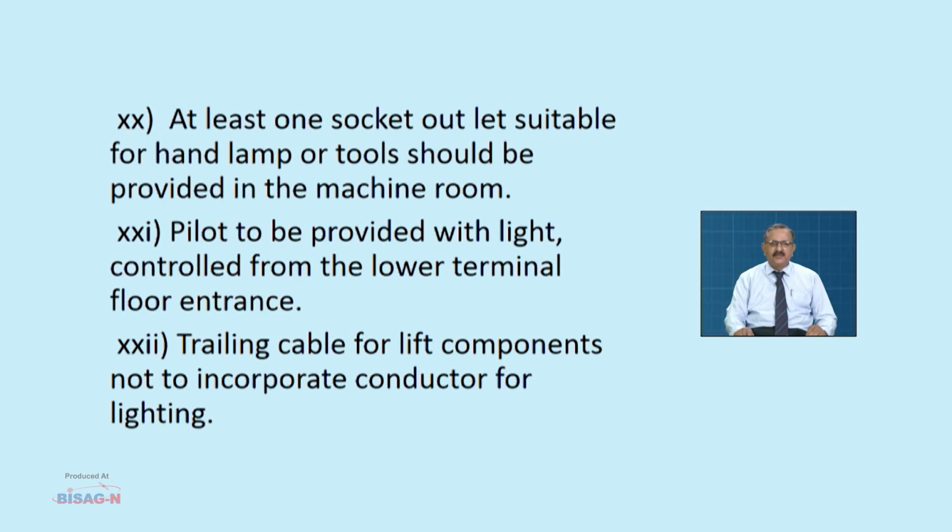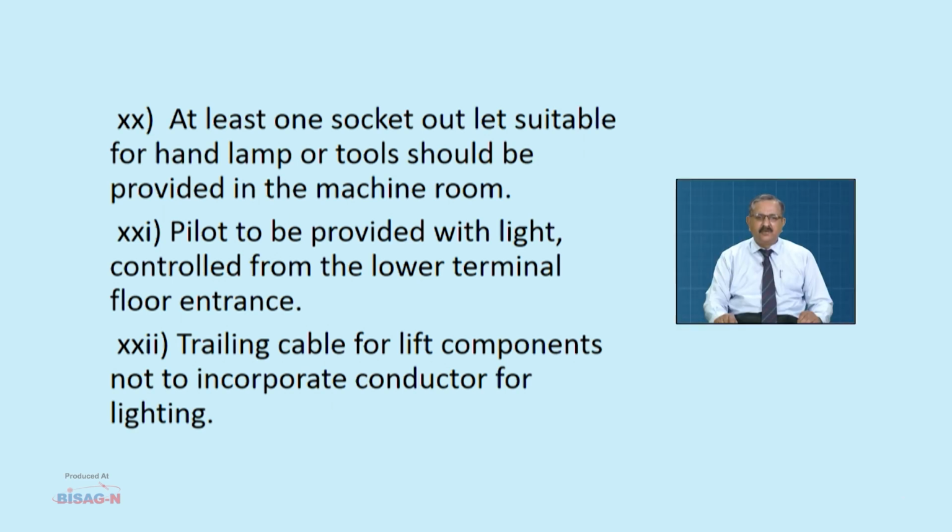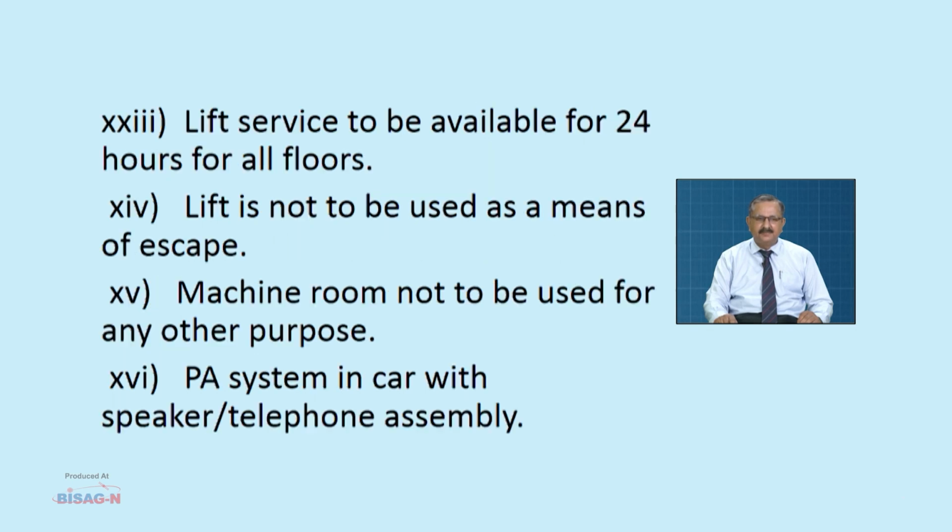At least one socket outlet suitable for hand lamp or tools should be provided in the machine room. Pilot lights to be provided, controlled from the lower terminal floor entrance. Trailing cable for lift components not to incorporate conductor for lighting.